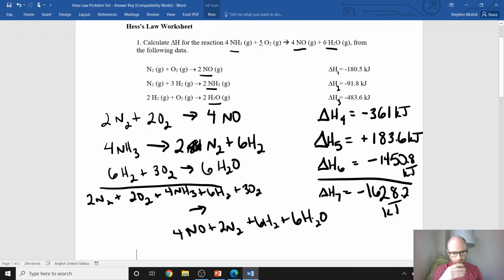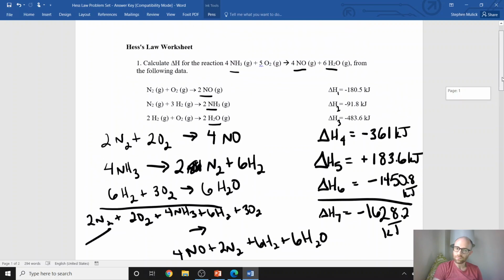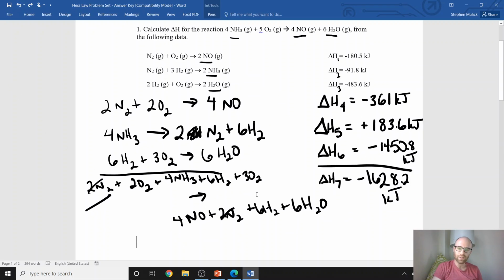But all we have to do really quickly is go through and cross out anything that shows up on both sides. So I see 2N2s here, and I see 2N2s here. The 3O2s are fine.